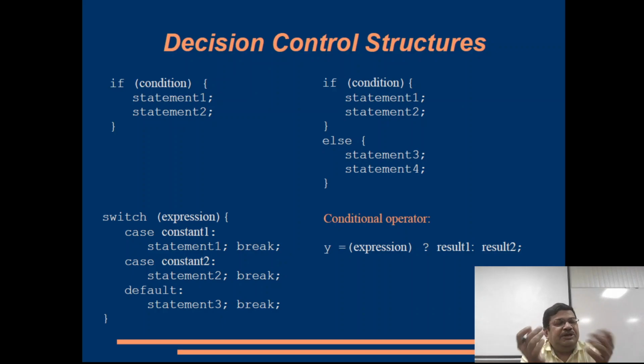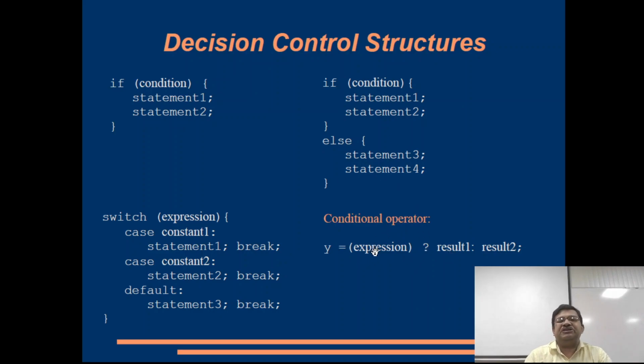So for that you need decision structures, and C++ provides you three decision structures. Four actually, if we include the ternary operator. It is an operator, not a decision structure, but essentially it is a very compact representation of an if and else condition, right? So this conditional operator is essentially an if else condition.